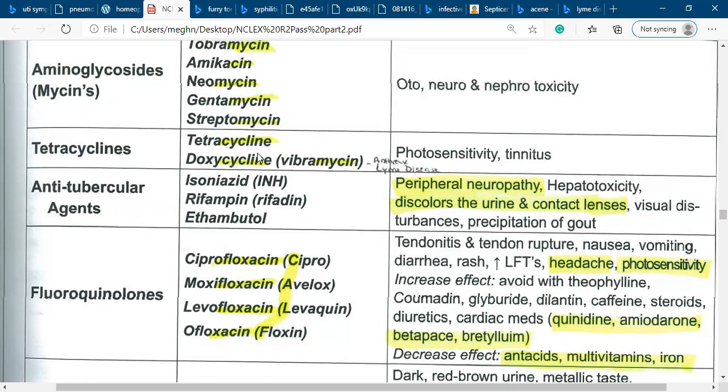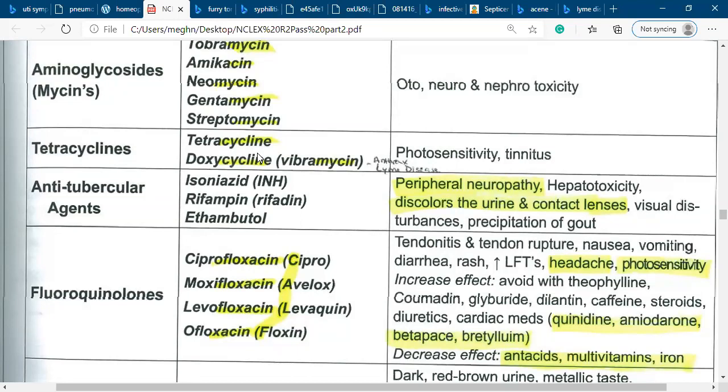I am going to recap it: dairy products such as milk, or food high in calcium, or antacids decrease the absorption of tetracycline, right?